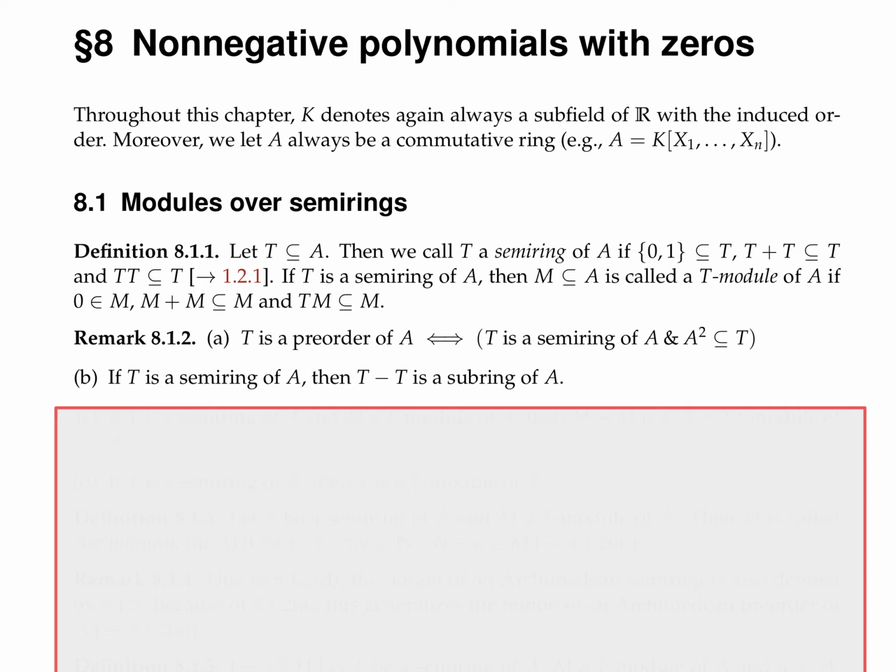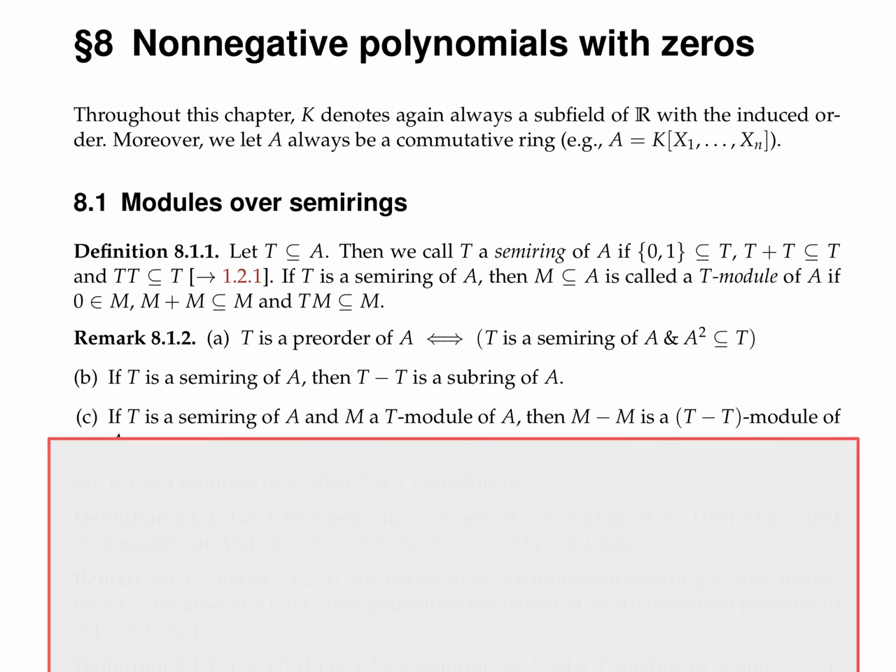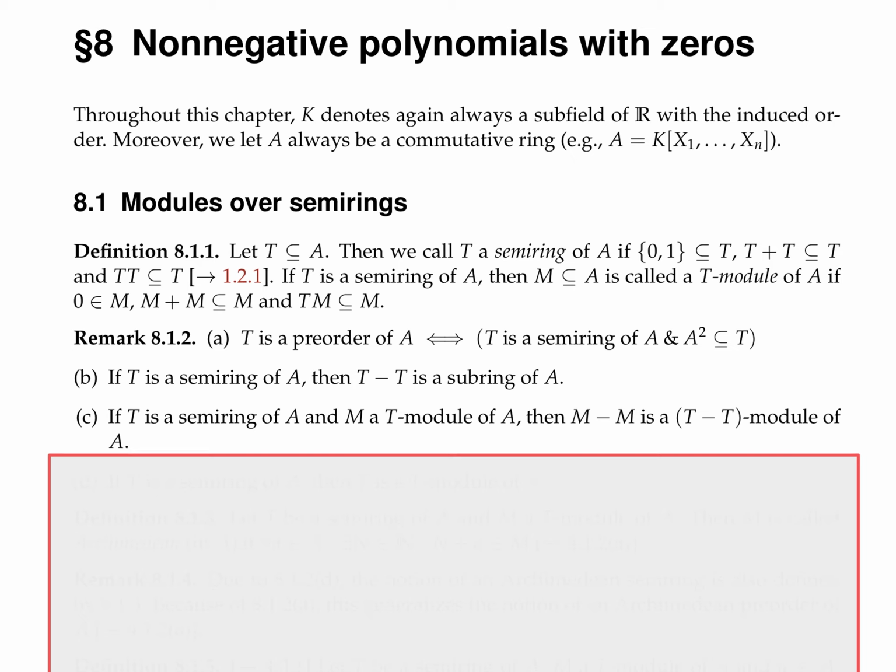Okay, so now if M is a T module of A, T has of course to be a semiring of A. Then M minus M is a T minus T module of A. In order for that to be true, T minus T has to be a semiring. Actually, it's even a subring of A, but in particular it's a semiring, right?